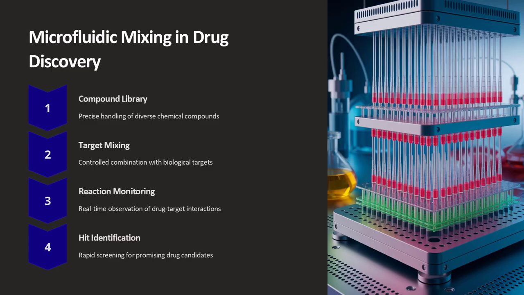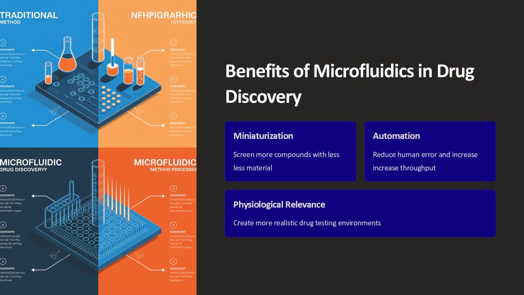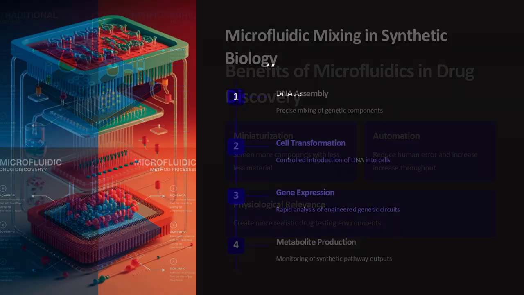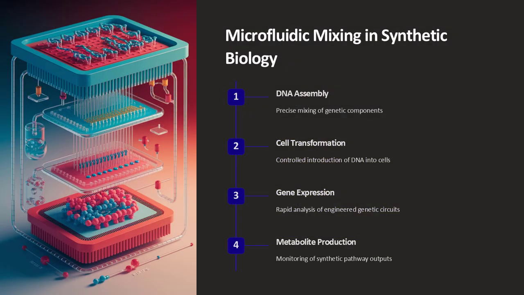A common question that arises is, how do these microfluidic mixers handle sensitive biological samples without damaging them? The answer lies in the careful balance between mixing efficiency and gentle handling. While active mixing techniques can introduce high energy into the system, microfluidic devices are designed to operate at low Reynolds numbers, ensuring that the forces exerted on cells or biomolecules remain minimal.